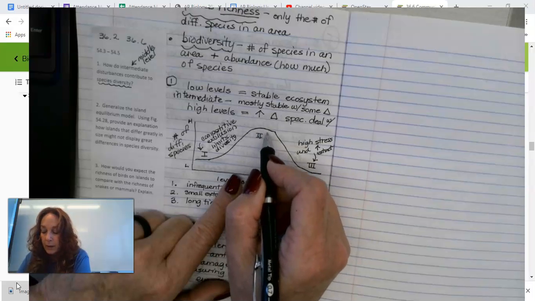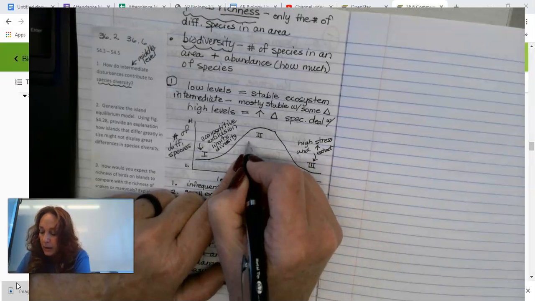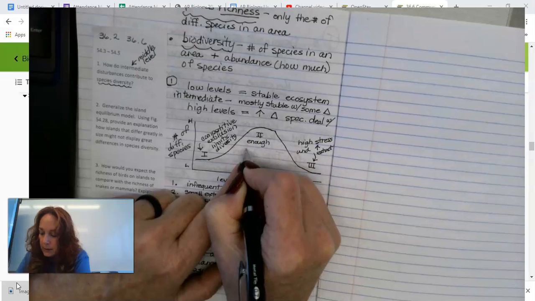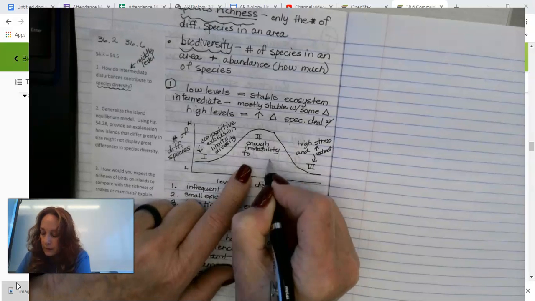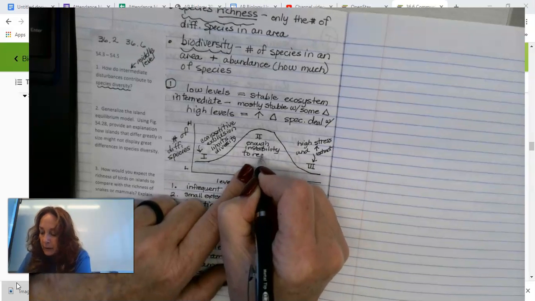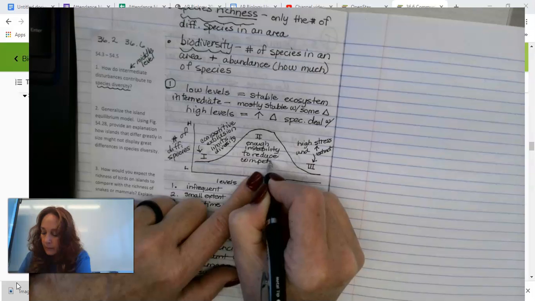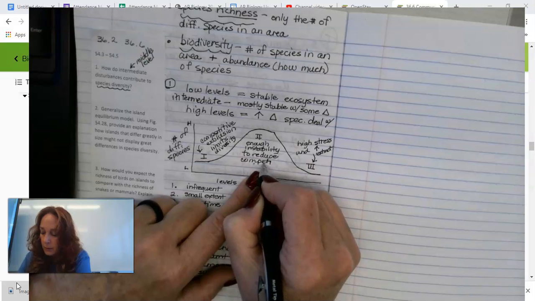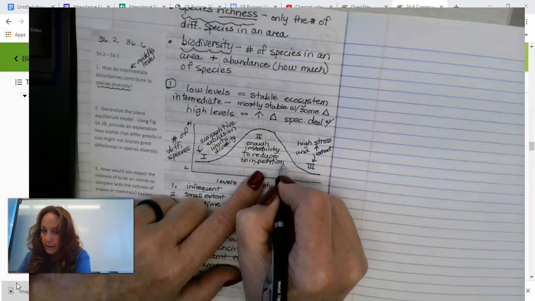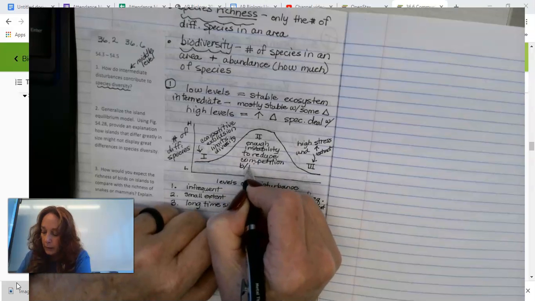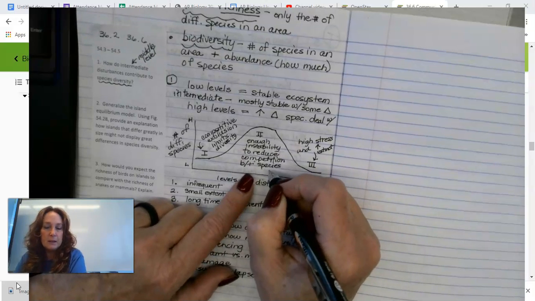So at this point, you're going to have just the right mix where you're going to have enough instability to reduce that competitiveness between species, because they're dealing a little bit with the environmental pieces.